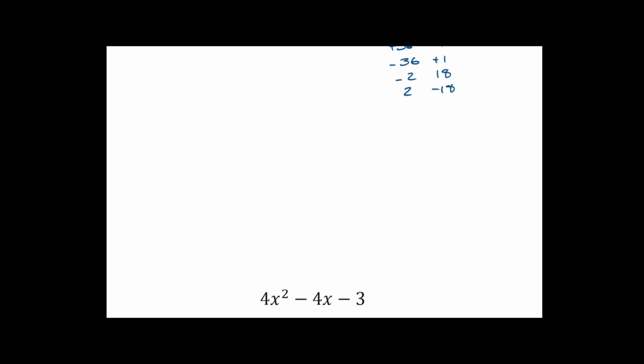Nope. There is 3 and negative 12. Well, that's getting close. Negative 3 and positive 12. No, not quite. There is 4 and negative 9, and I think we have our winner.